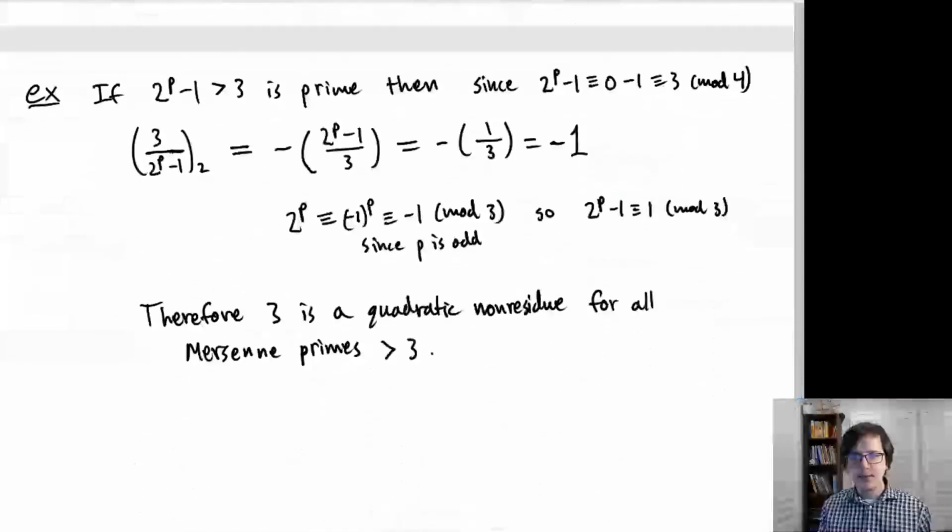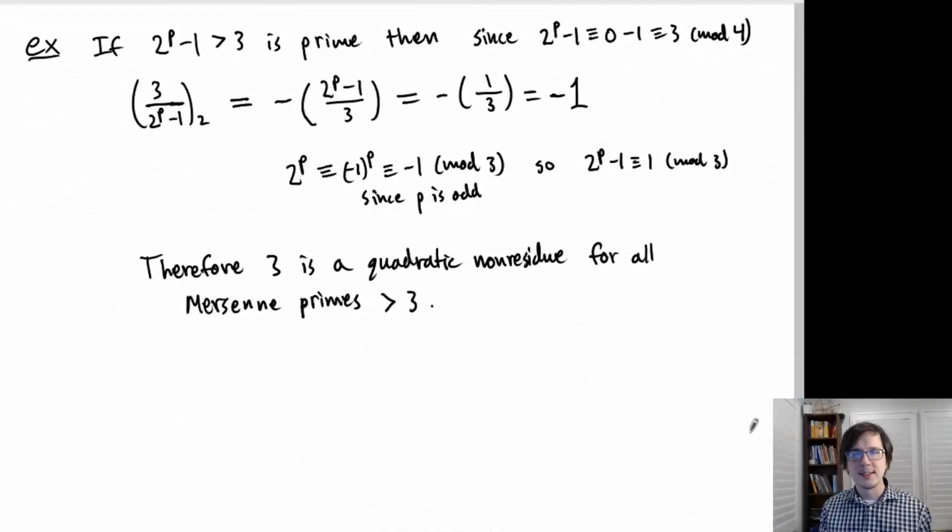So, just as an example to close things off, let's look at some Mersenne primes and show that 3 is a quadratic non-residue for every Mersenne prime greater than 3. So one thing that we'll need is that, mod 4, if 2 to the p minus 1 is greater than 3, that means p has to be 2 or more.